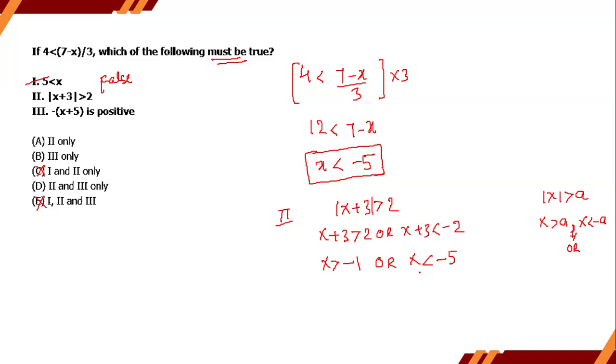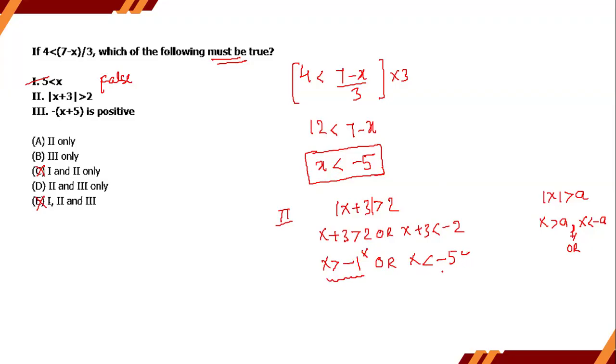So this particular range of x is irrelevant, because whatever values we can take for x from the question will definitely be satisfied by this inequality.